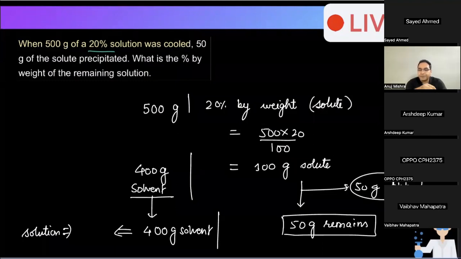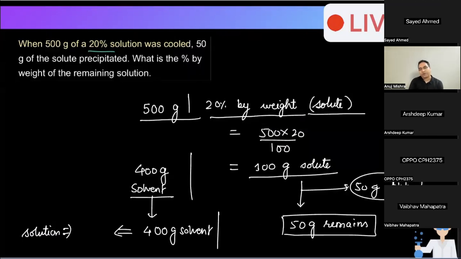So for the solvent and solute, how do we get 50 grams? Okay, wait, beta. I'll explain. See, you are given 500 gram of 20% solution. That means in this 500 gram of solution, you have 20% by weight of solute, which is 100 grams of solute, isn't it?